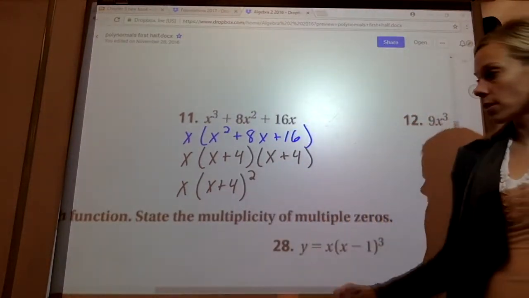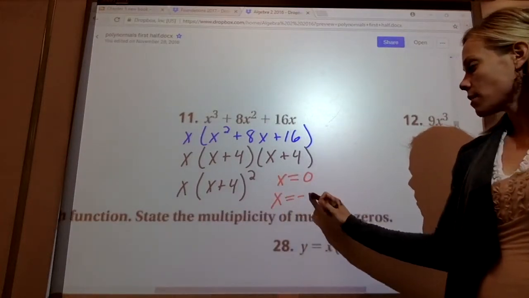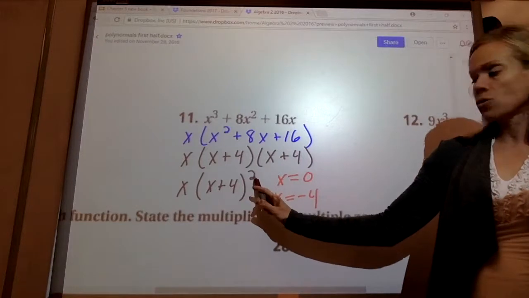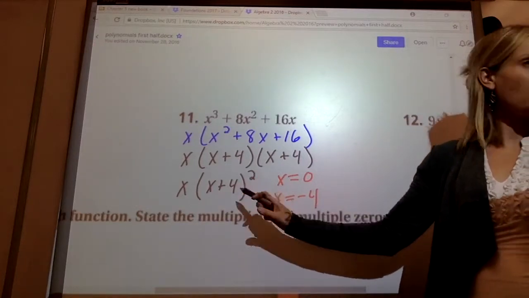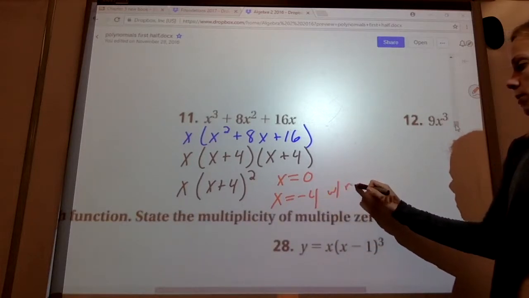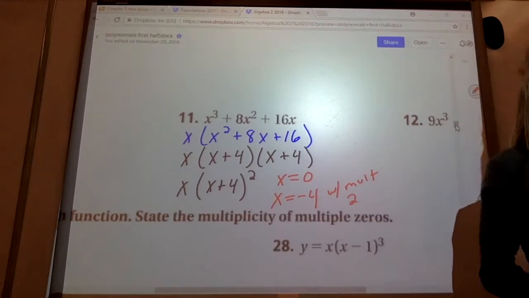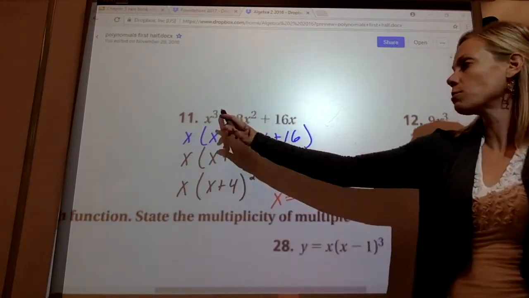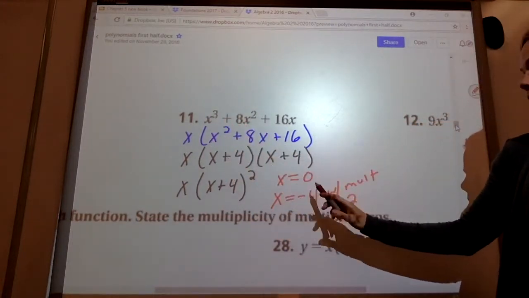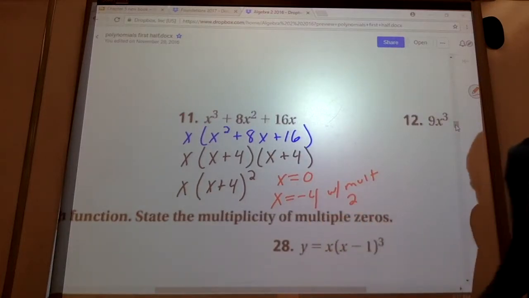I have 2 roots, 0 and -4, but this is squared. That means the -4 is happening twice. So we say -4 with multiplicity of 2. It's going to happen twice. I still have 3 roots. It's a cubic function. I have 0 and I have 2 -4s, so that's still 3 roots.